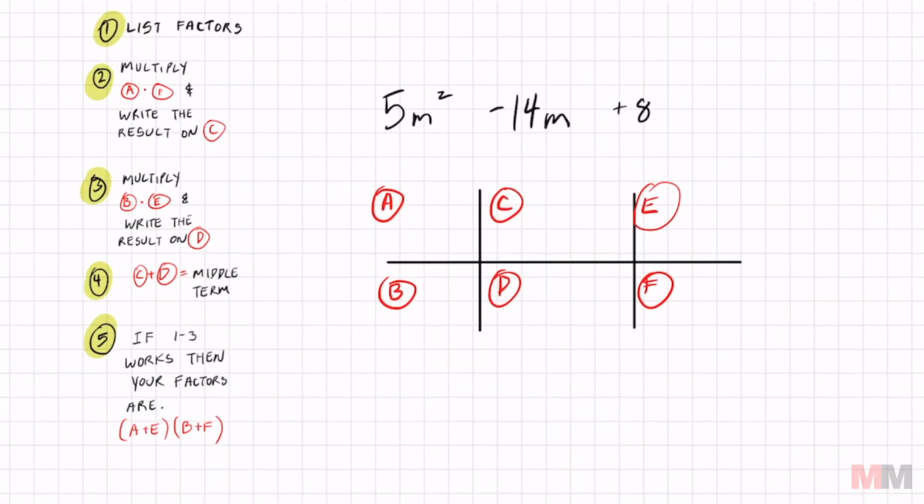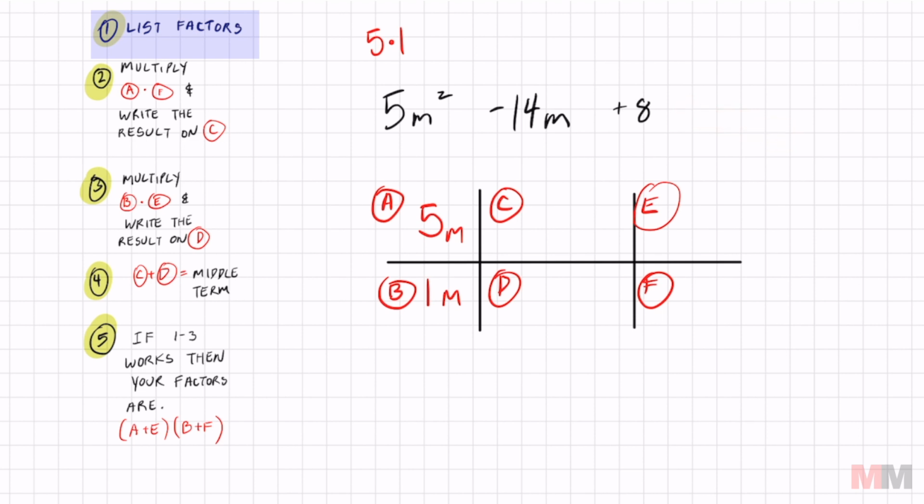I upped the numbers this time, more possible combinations, but don't get frustrated. Pretty soon you can kind of tell which one the right combination is. Let's start off with 5m squared. Only combination, and I gave you this on purpose, for 5m squared is 5 and 1. 5m, 1m. Because nothing else multiplies to 5, and we're only going to use the positive factors for the first term. Doing the second term, I'm going to list it on the side.